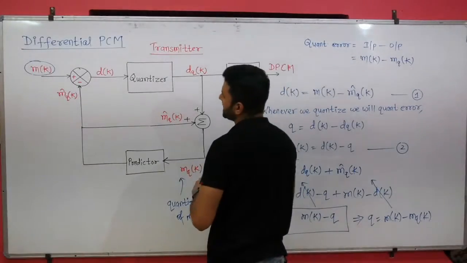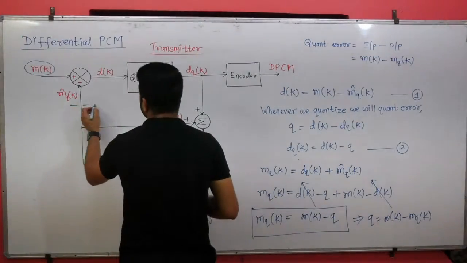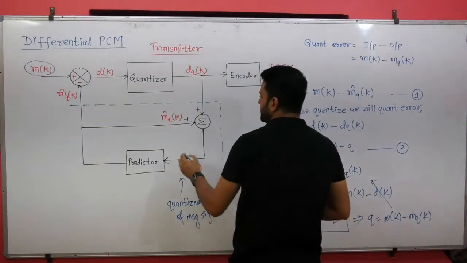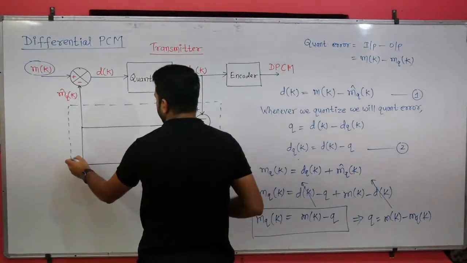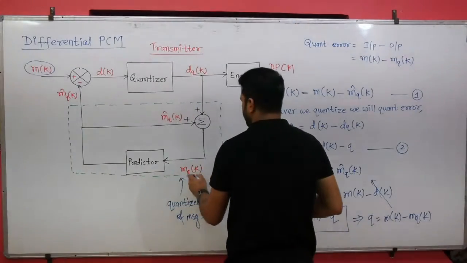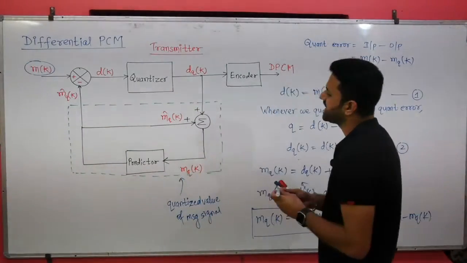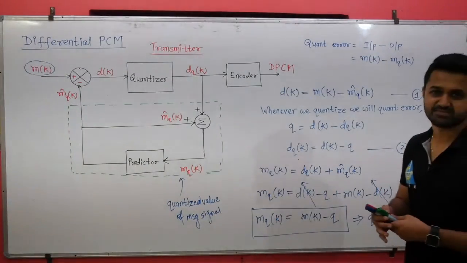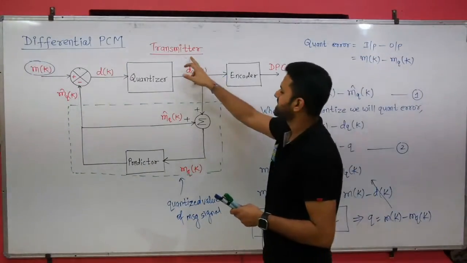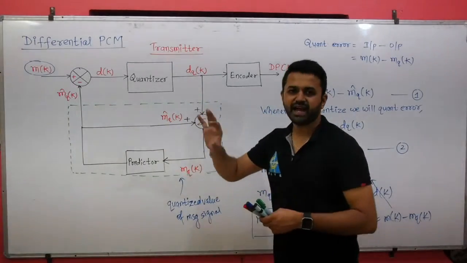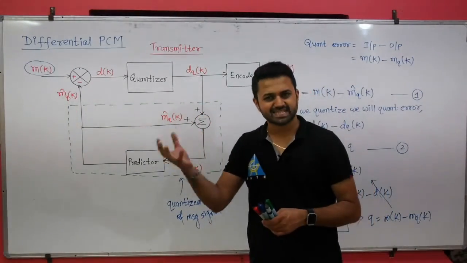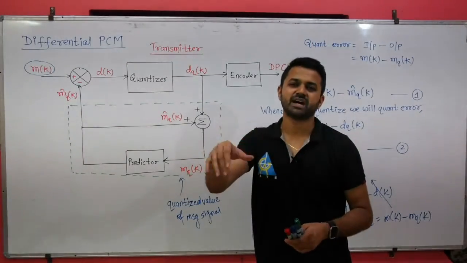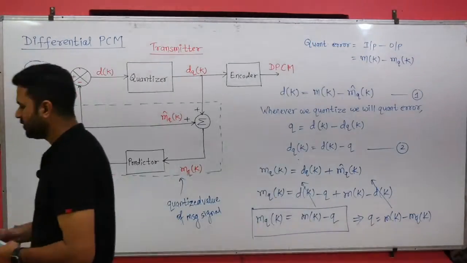So in this diagram we have this particular feedback path. This feedback path is itself a receiver, which means the receiver is designed from the feedback path of the transmitter. This is the transmitter block diagram, and we are saying that the receiver is designed with the help of the feedback path of the transmitter. How?